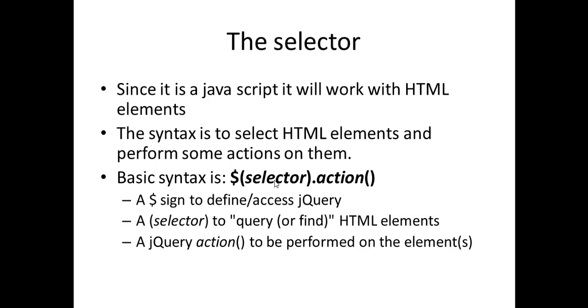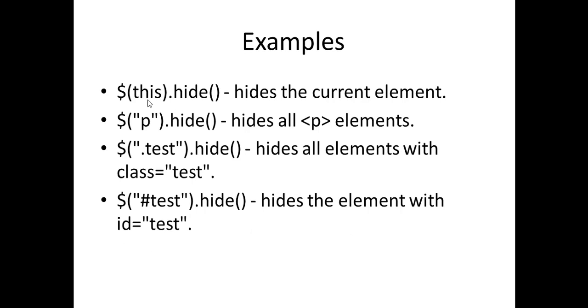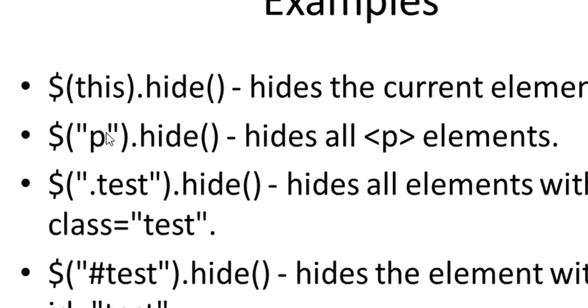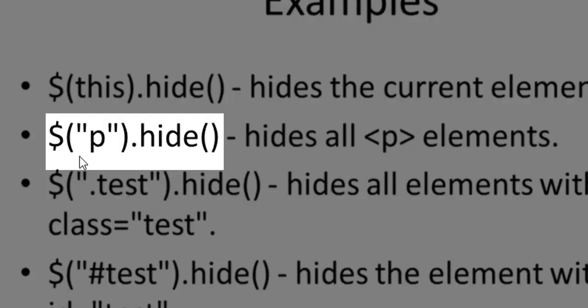If you see the examples here, dollar and inside the bracket double quotation p dot hide, which says select the element indicated by the letter p, which means select all the paragraph elements in the HTML and hide it.